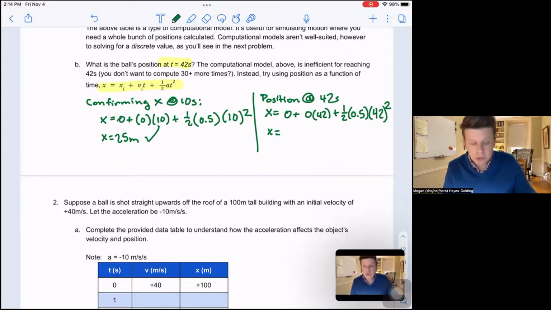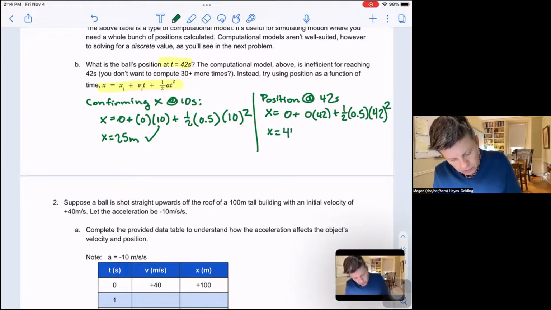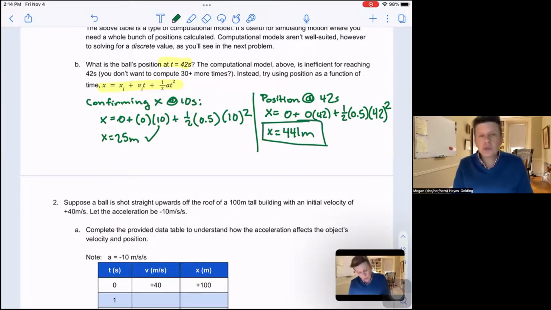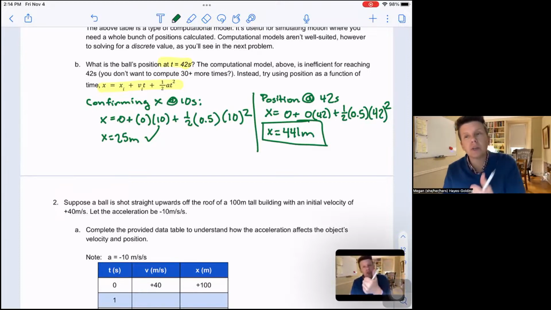I get 441 meters. So you can see now that that calculation is pretty straightforward. You don't need to memorize it, but you can use it to calculate future positions anytime if what you know is the acceleration and the time that you want to calculate the value for. This is useful for calculating discrete or individual values.